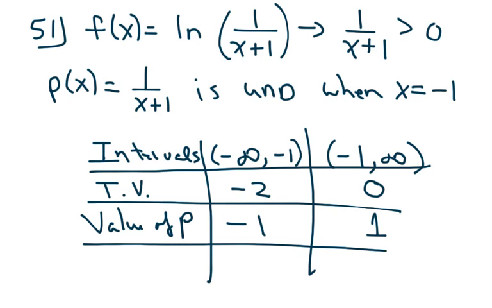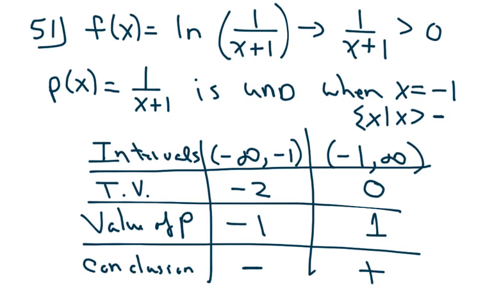So the conclusion is this is negative and this is positive. So the domain is going to be x such that x has to be bigger than negative 1. Now let me show you what I did here. Since we had a little restriction here, we have a vertical asymptote here, I did test values here.